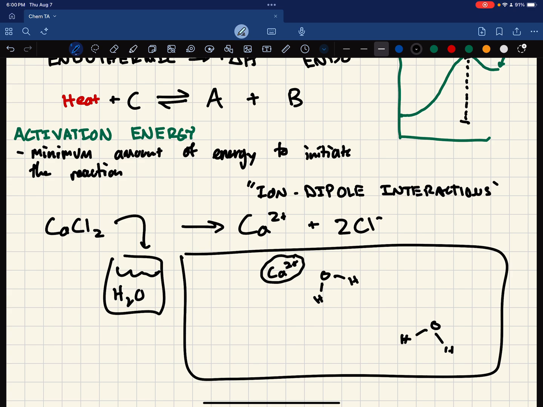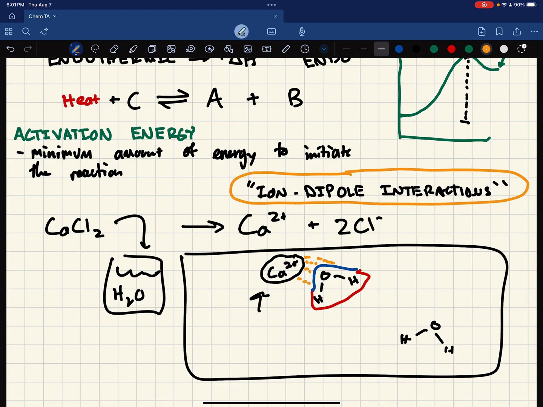And that's exactly what's going to happen here. We have an ion, and then we have a water molecule, which, as you know, has a dipole. There's a positive side there, and then a negative side here. And this calcium ion is going to form these ion-dipole interactions with the water molecules, and it's going to be very, very favorable because, as you know, these are the strongest type of intermolecular forces.